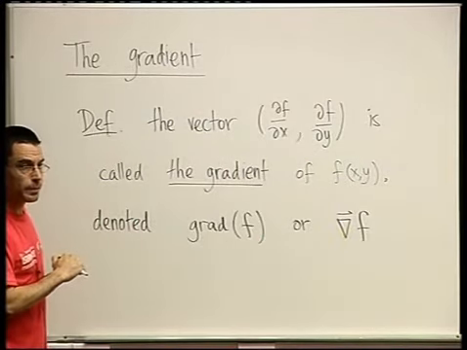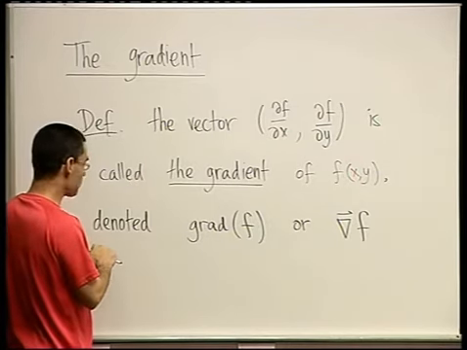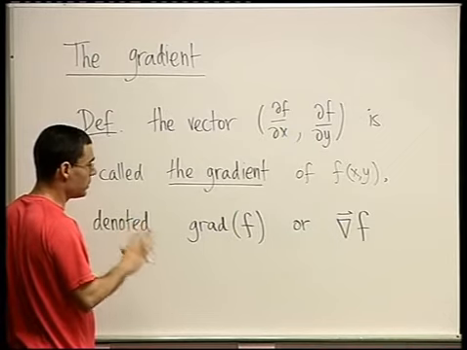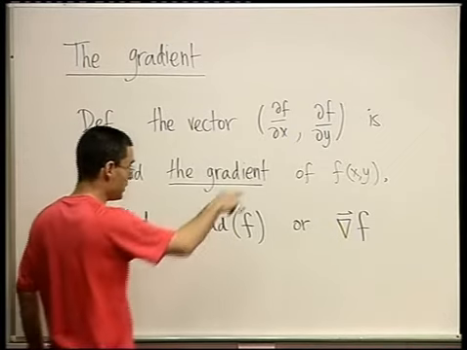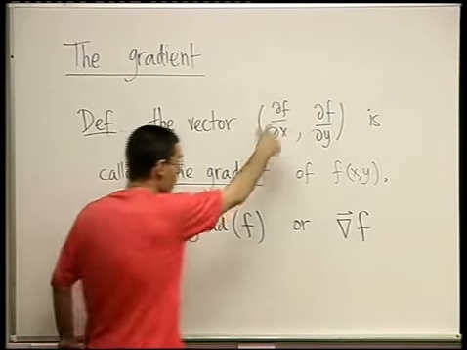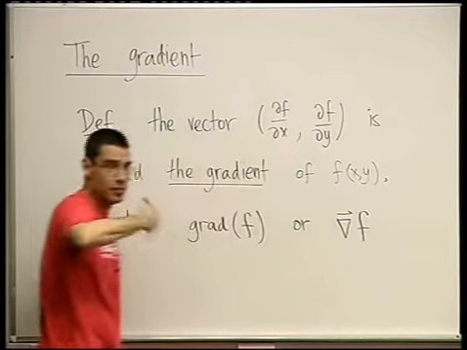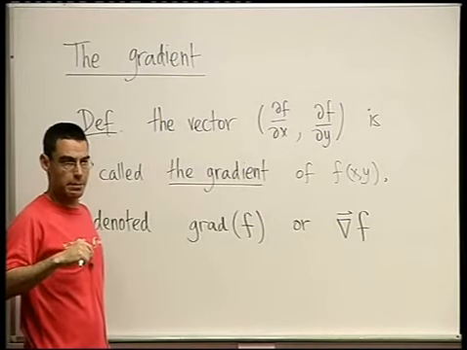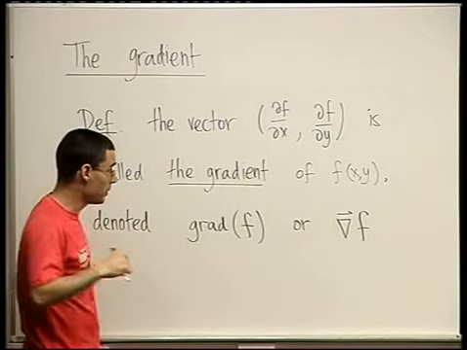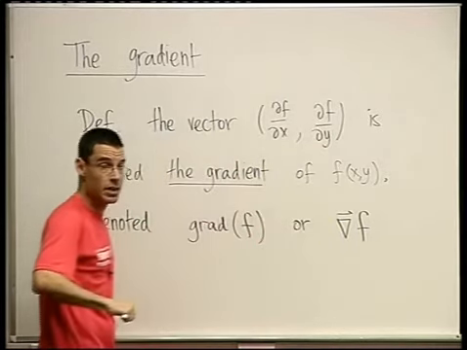Clear? Good? Okay. And the first thing that's important to realize is that it's defined at any point. So when I just write this, remember that df to dx is itself a function of two variables. Remember that? We saw it in examples. So this can have x's and y's in it, and this can have x's and y's in it, right?